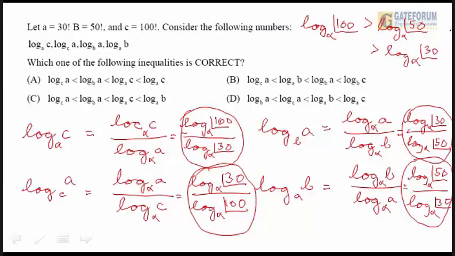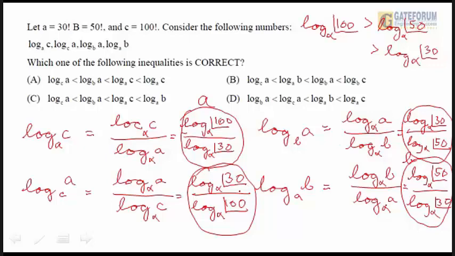So now let us see. This is 100 by 30. Obviously, log of factorial 100 by log of factorial 30 must be greater than log of factorial 50 by log of factorial 30, because the denominator is the same and the numerator here is much bigger. So amongst these two, this is the first and this is the second.